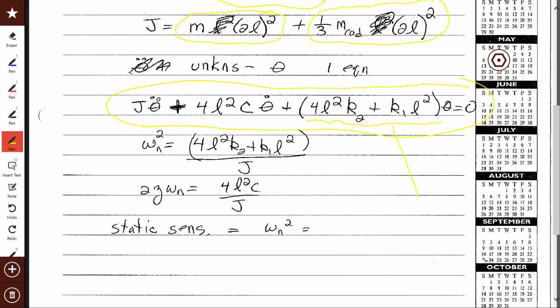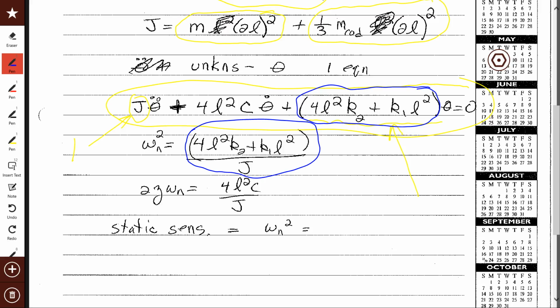This term here should be 1 for the standard form. So what I'm going to do is take all of these and divide by J. And so this term is here. Let me put it in a different color. This term right here is always omega n squared divided by J. So that term comes down here.